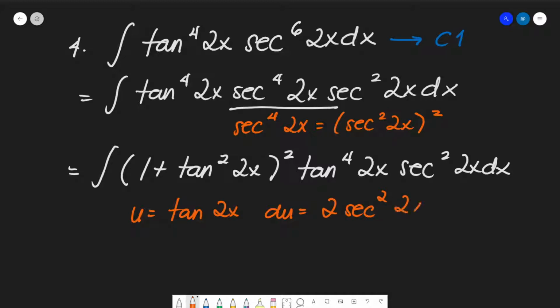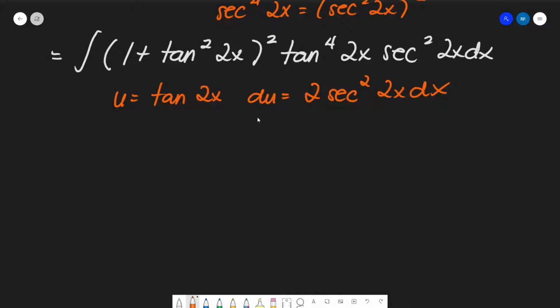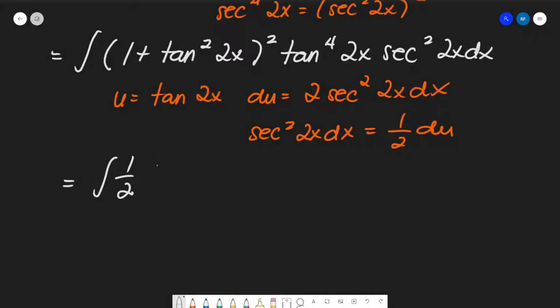Since secant squared 2x dx lang ang meron tayo, ang ating neutralizing factor is 1/2 du. So, kailangan natin, of course, i-consider yung neutralizing factor. 1 plus u squared quantity squared, u to the fourth du.